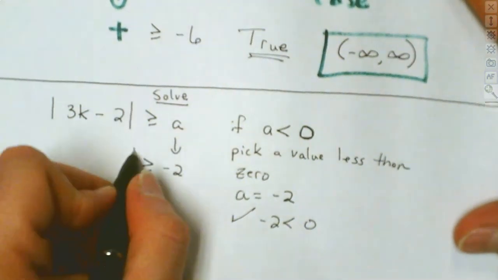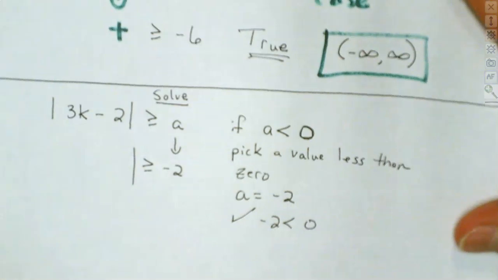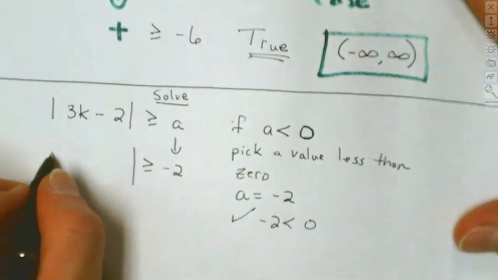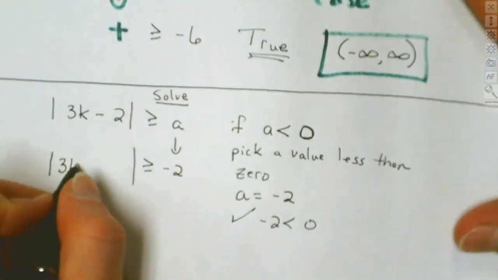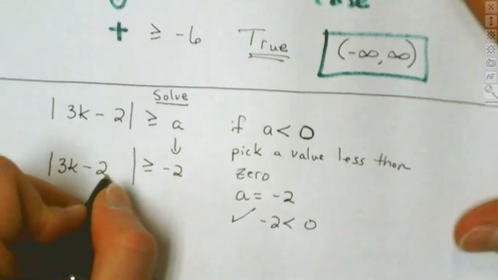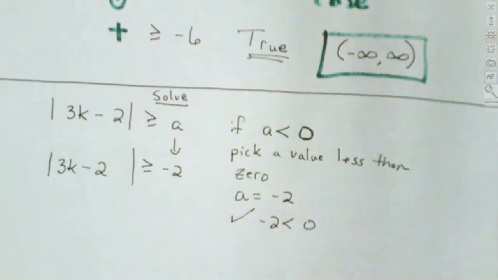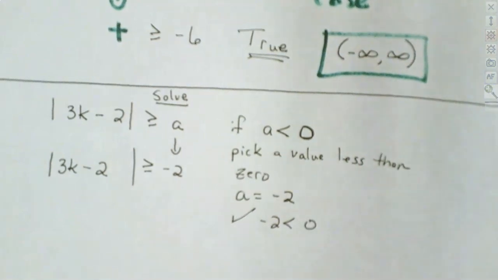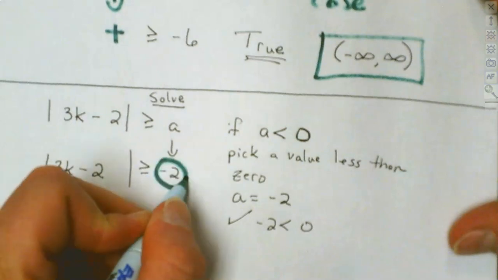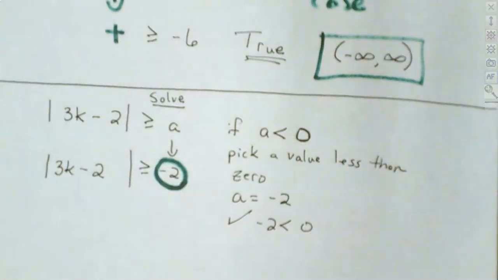You could have used negative 1. You could have used negative 12. It doesn't matter what you use as long as it's a negative number. So I just simply picked a value that's negative because it tells you that a must be negative. Okay, now what do we know? Well, again, this is negative, so that makes it, again, a special case.